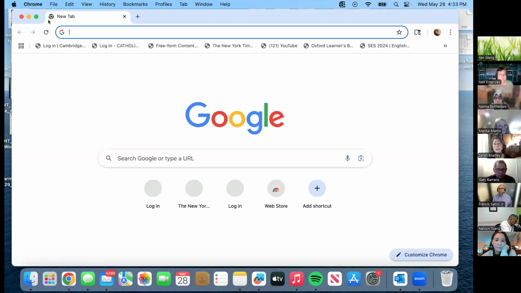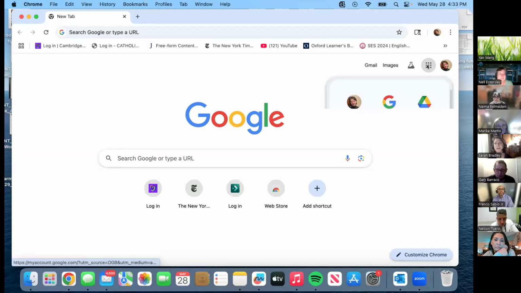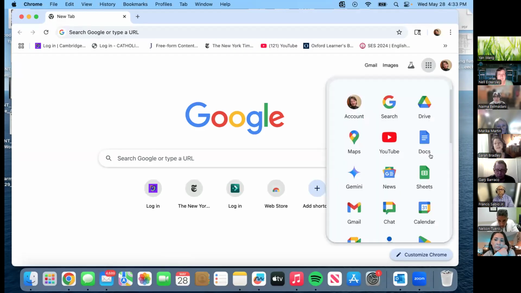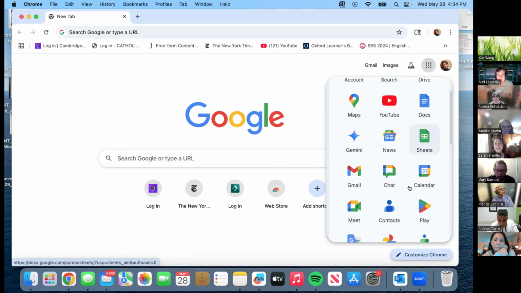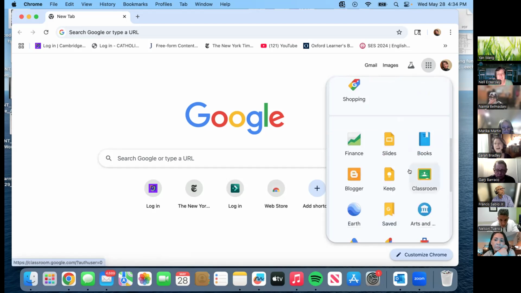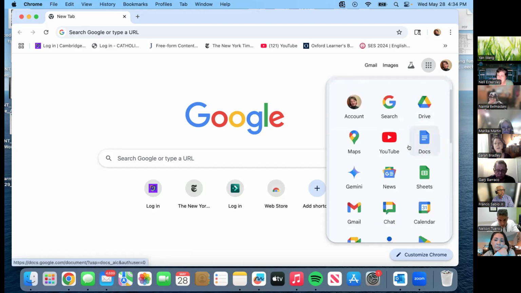So the first thing is, for me, this right here. And this is so basic, but for me, learning about this was really important, and figuring out how to get to where I needed to get to. When I first was using this, before I took the Google Club classes, this for Docs was way down here, even though Docs was one that I used all the time.